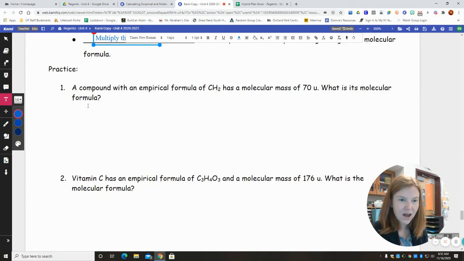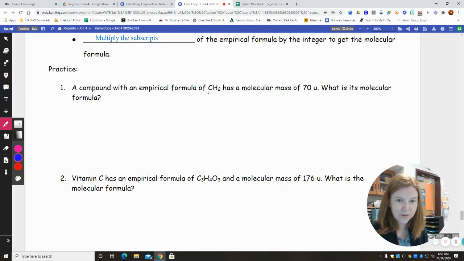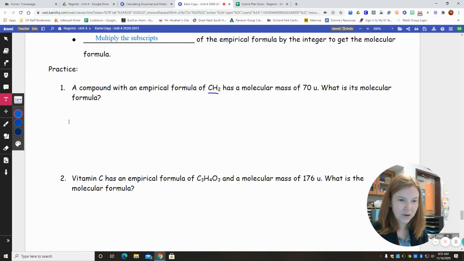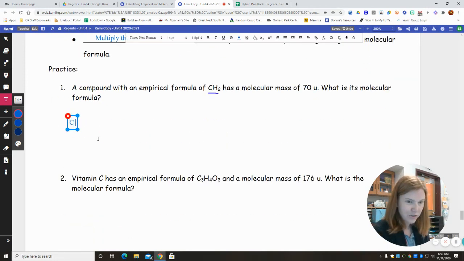Problem number 1, a compound with an empirical formula of CH2 has a molecular mass of 70 U. What is the molecular formula? So the first thing I have to do is find the molar mass of the empirical. So off to the side here, I'm going to take inventory and list how many elements I have. So I have 1 carbon, I have 2 hydrogen.